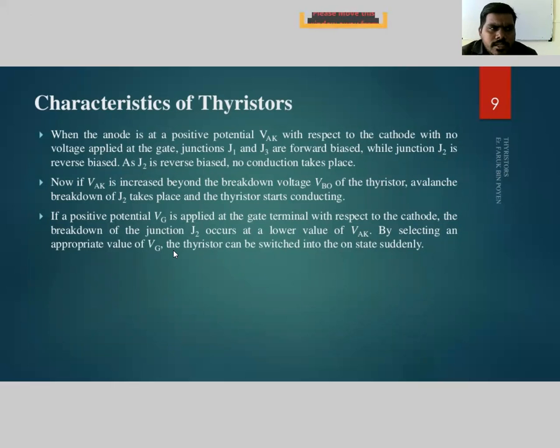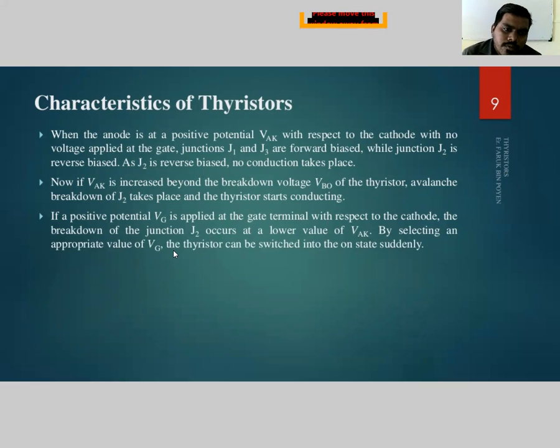As J2 is reverse biased, no conduction takes place, because for conduction of the SCR, all three junctions should be forward biased. Now, if VAK is increased beyond the breakdown voltage VBO, the voltage at which the thyristor breaks down, an avalanche breakdown of J2 takes place and the thyristor starts conducting.